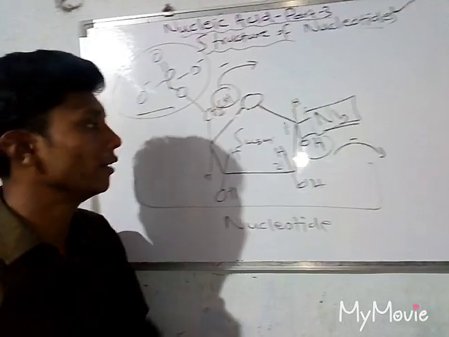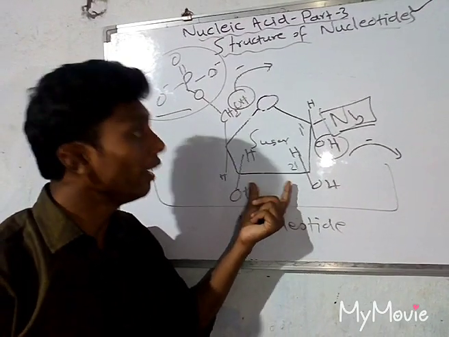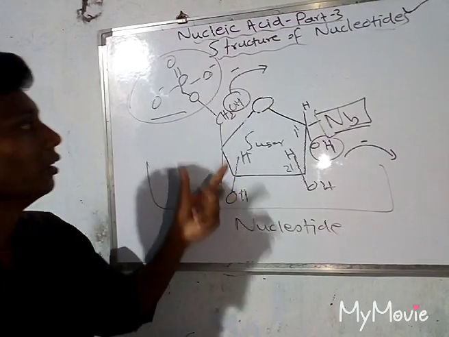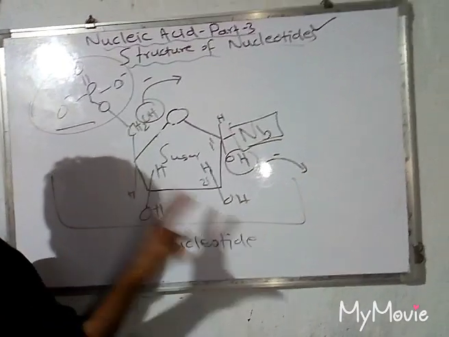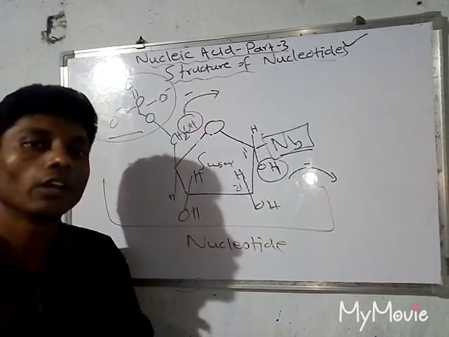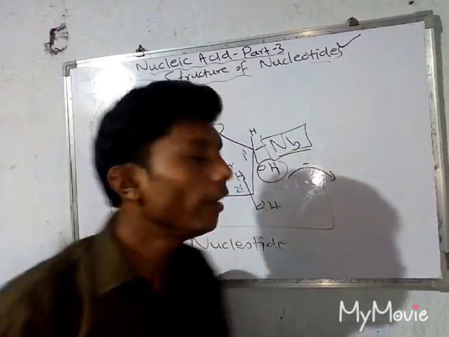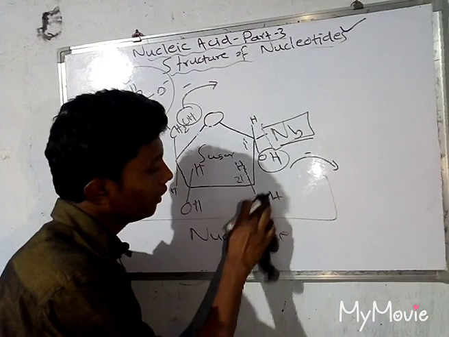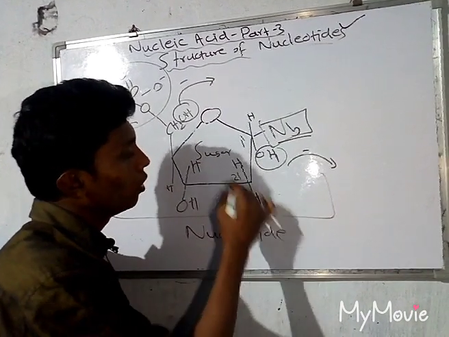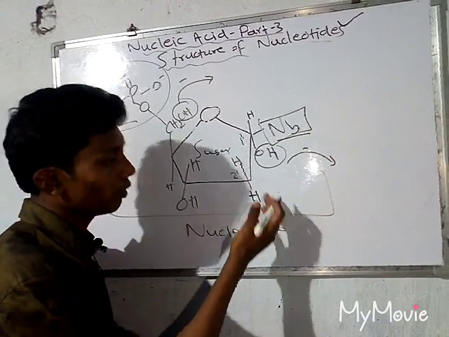As you know, at the 2' position of the carbon, an OH group is present. That is why this sugar is the ribose sugar, and this nucleotide is the nucleotide of RNA, that is ribonucleotide. Clear?